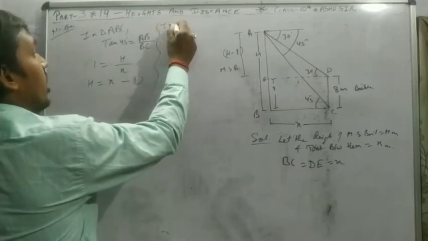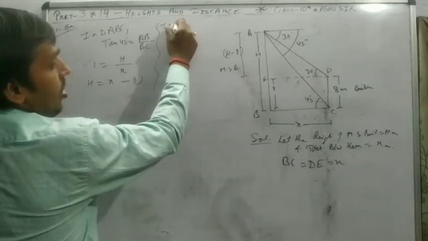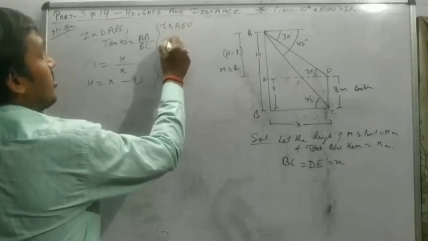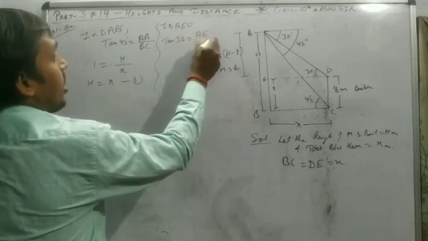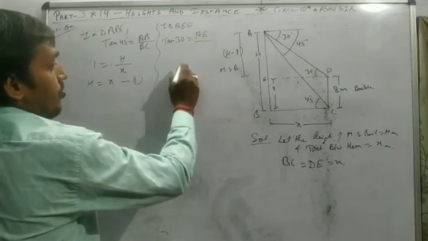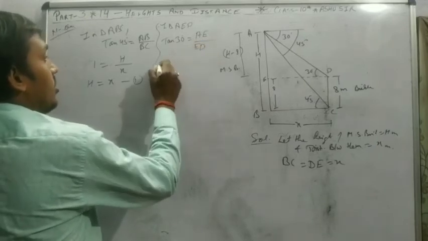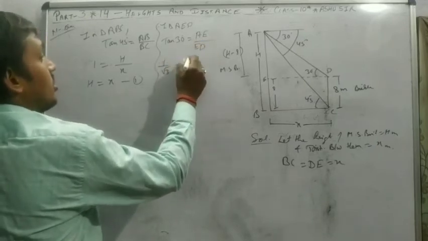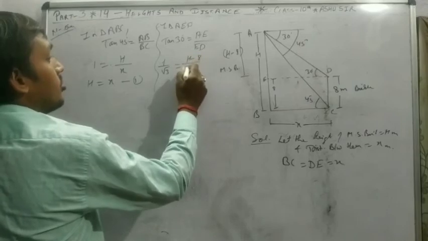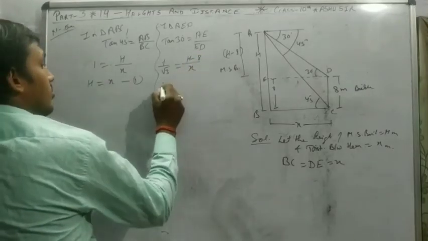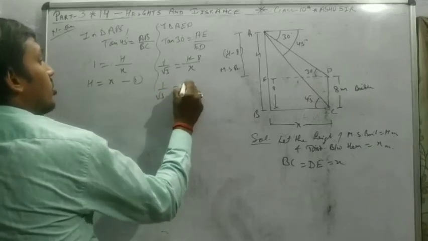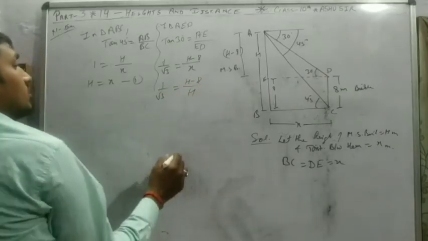Then use triangle AED, tan 30 is perpendicular AE upon ED, 1 by root 3 is h minus 8 upon x. Put the value of x.